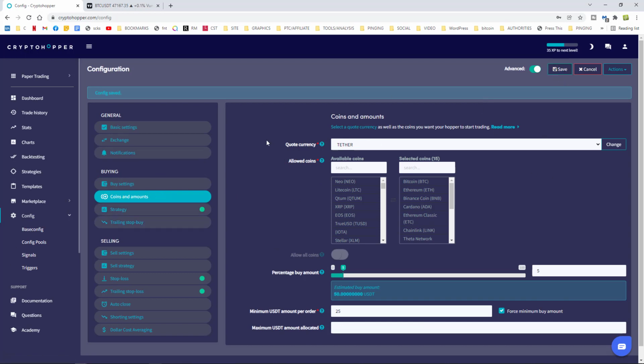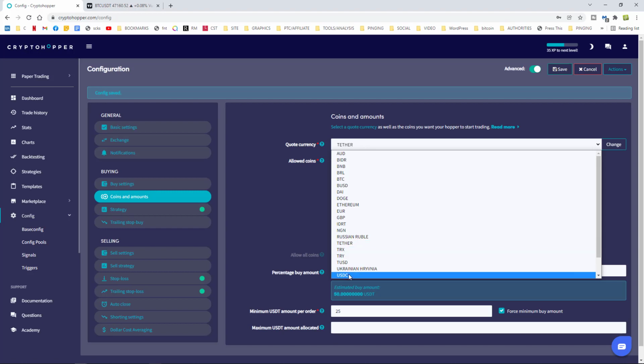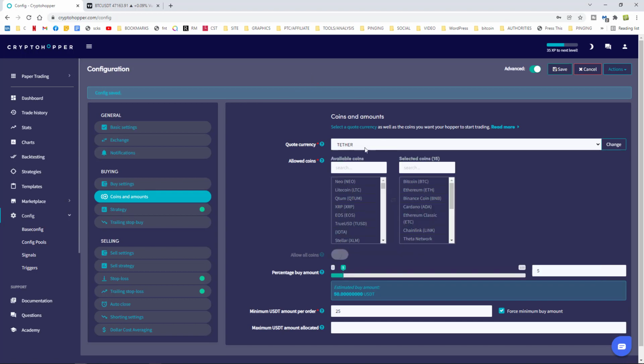All right. Right, so quote currency is our base currency, or quote currency is USDT. All right, so there's lots of different ones in there. I'm using USDT. There's TUSD, there's USDC. You could even set it to Bitcoin if you're using Bitcoin.